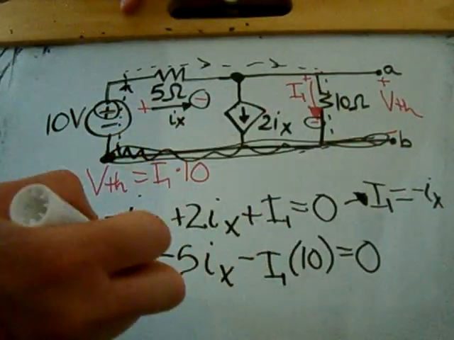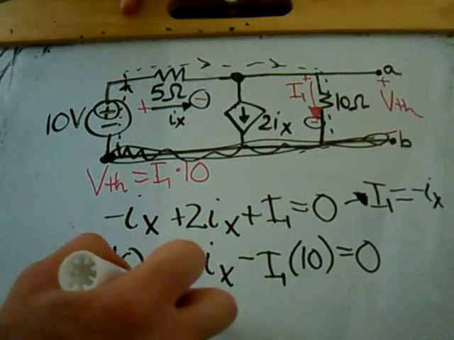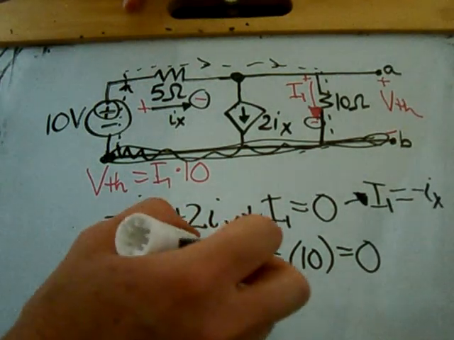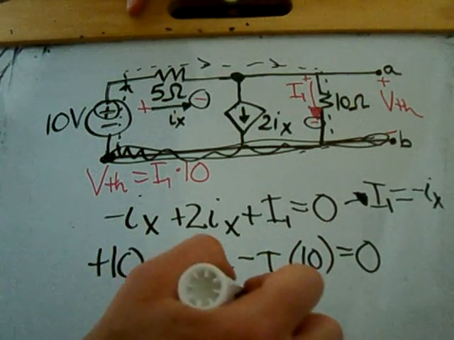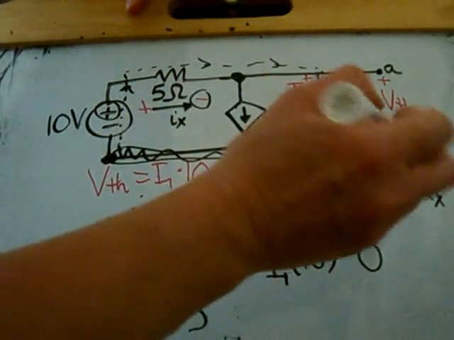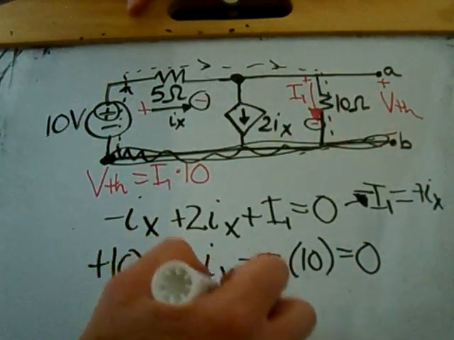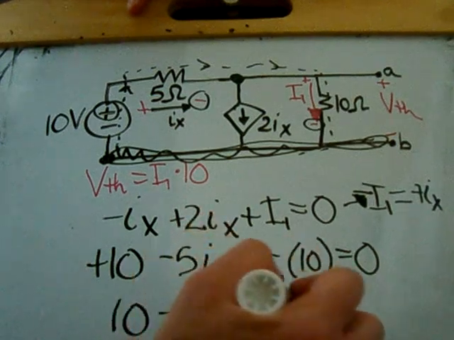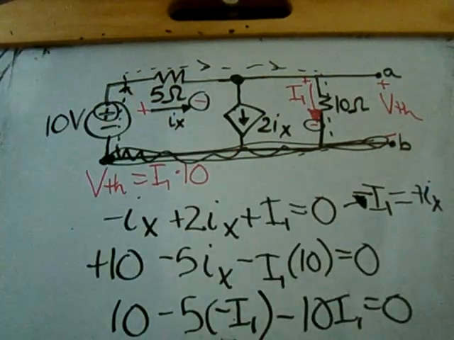And I can plug that in for this IX. So I have 10 minus 5 IX, or I want to solve for I1, so I'm going to say that negative I1 is equal to IX, and then negative 10 I1 equals 0.